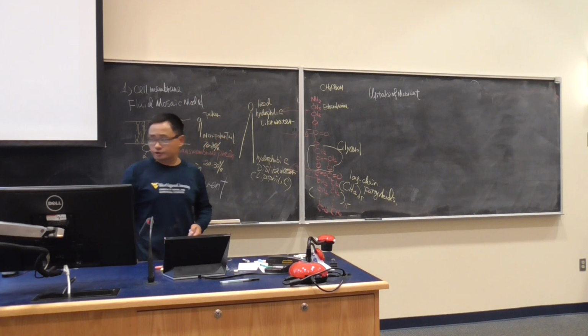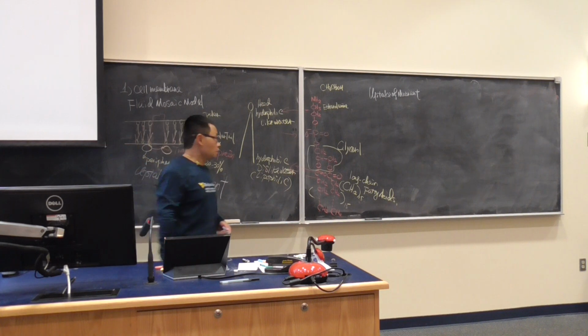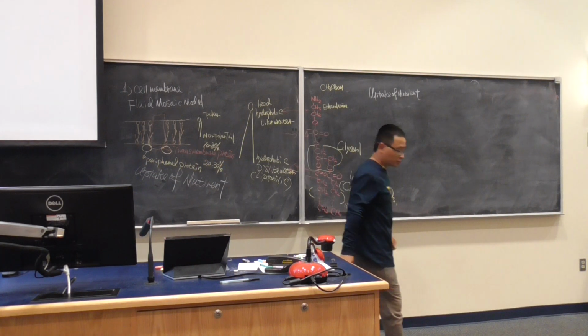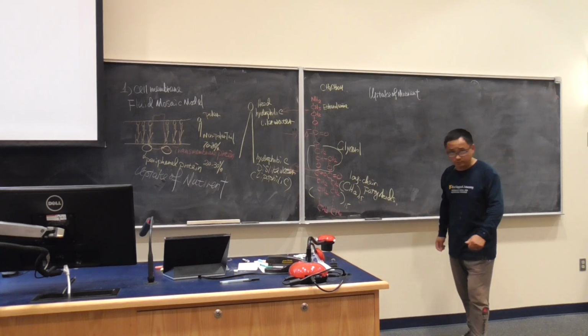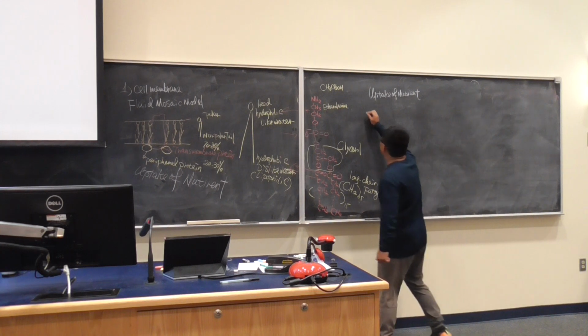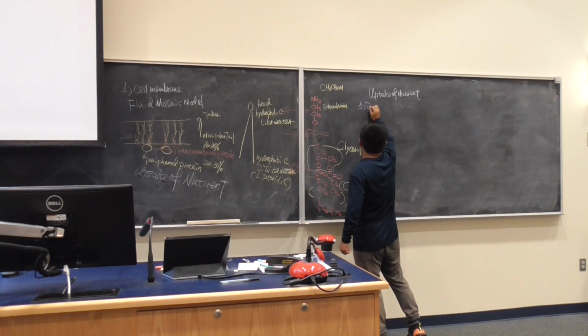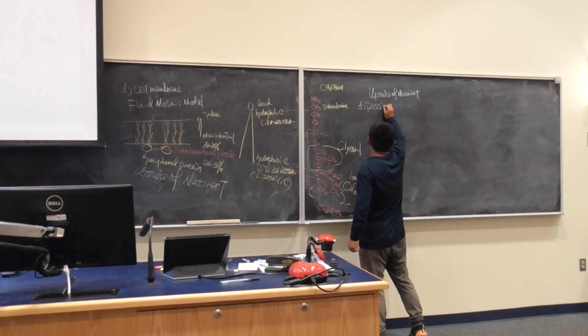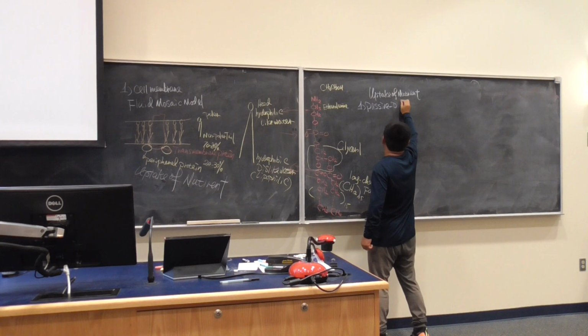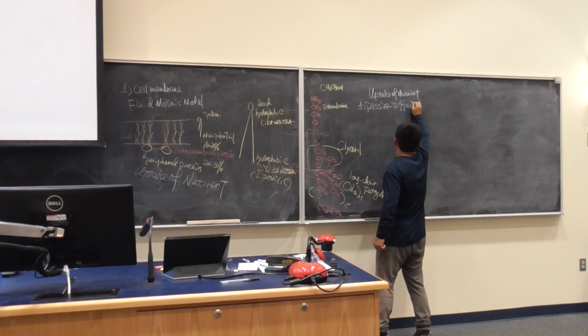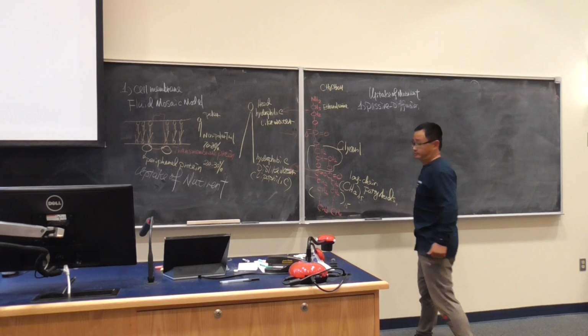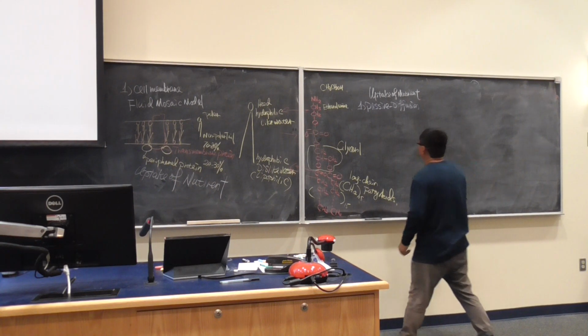What are the 3 major things you know about the uptake of nutrition from outside of the cell membrane or cell wall system? Number 1 is very easy, called passive diffusion, or diffusion. So simple. What are the characteristics?